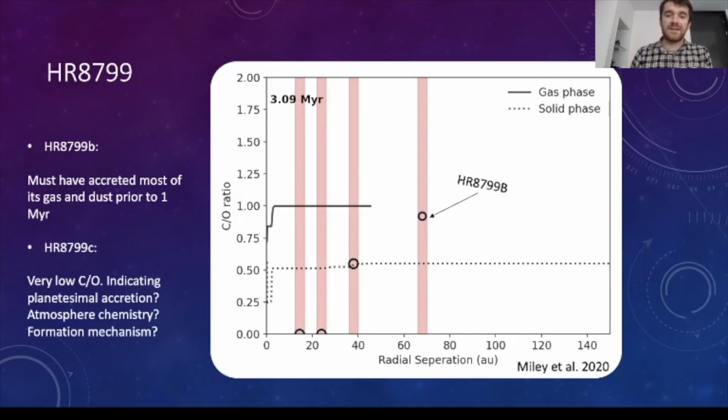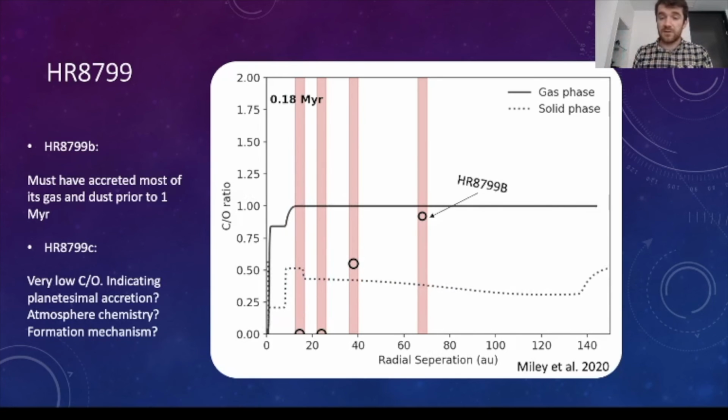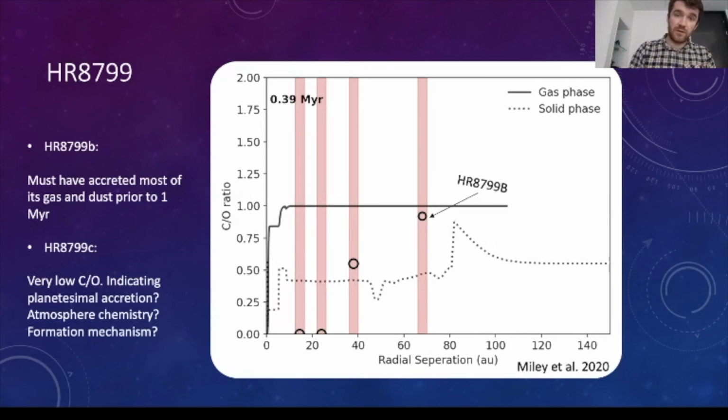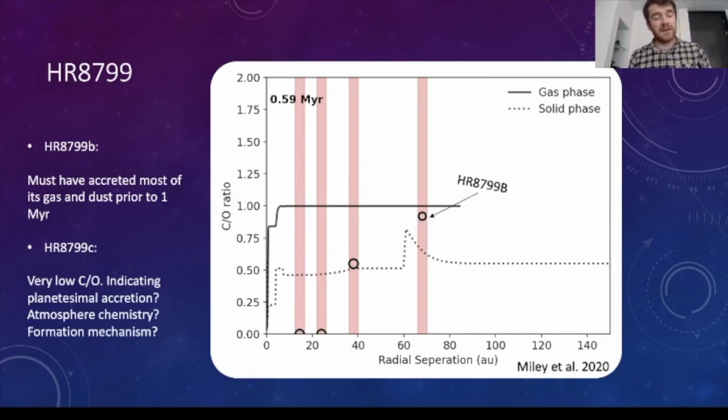So HR8799b is our very carbon-rich planet on this wide orbit, and it must have formed through the accretion of quite a lot of gas very quickly, and it must have taken quite a lot of carbon because it's got this very high carbon to oxygen ratio. So we'll see when this restarts, because this is a 1.5 solar mass star, the CO snow line moves in quite quickly and it doesn't move back out that far.